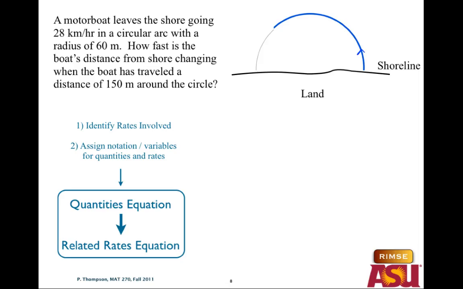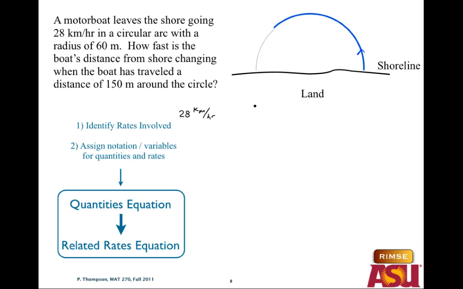Okay, so what are the rates involved here? 28 kilometers per hour. So let's write that down. Good. And before we assign notation, let's just talk about what that is. 28 kilometers per hour is the rate of what? What is that a rate of?